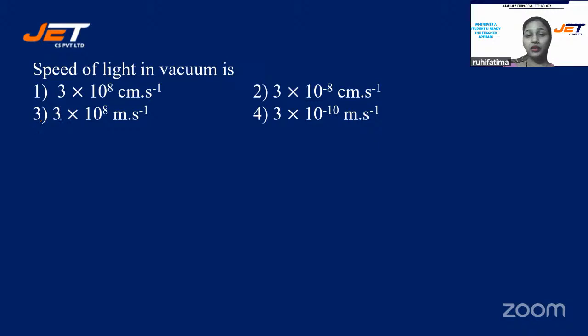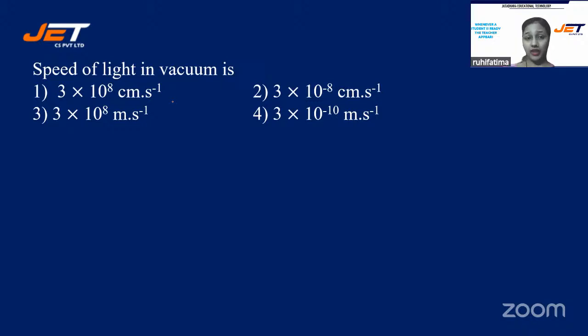Option number 3, 3 into 10 to the power 8 meter per second. Option number 4, 3 into 10 to the power minus 10 meter per second. Speed of light in vacuum, students. This question you need to answer very thoroughly.